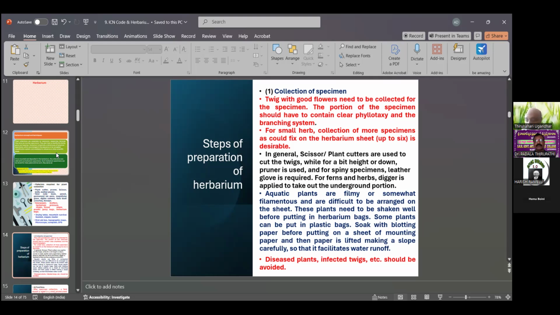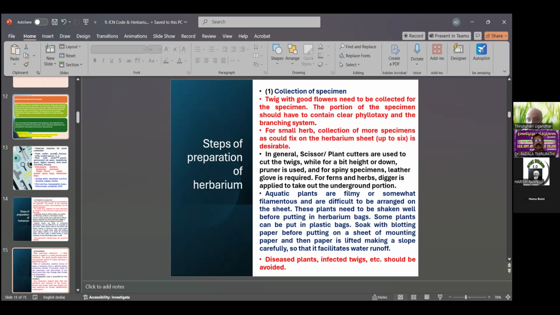Soak with blotting paper before putting the sheet on mounting paper, and then lift the paper, making a slope carefully so that it facilitates water runoff and cleans the surface of the twig. Diseased plants, infected twigs, etc. should be avoided. That is also one process of collection.